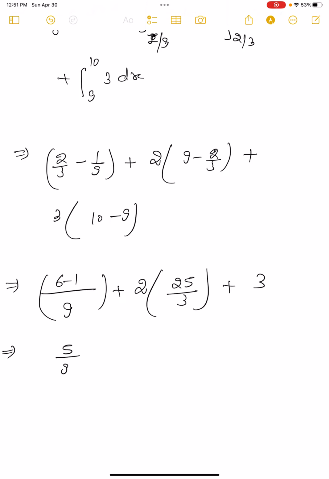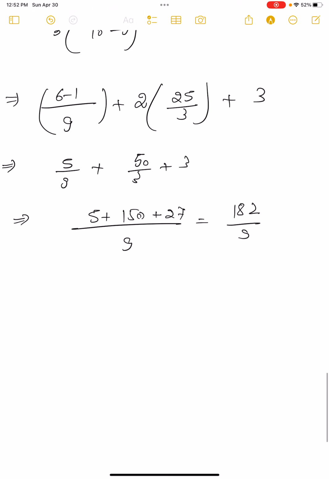So this is 5 over 9 plus 50 over 3 plus 3. We can solve it: 5 plus 150 plus 27, this is 182 over 9. So we solved our integral. So I is 182 over 9.